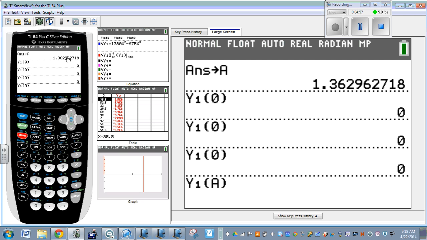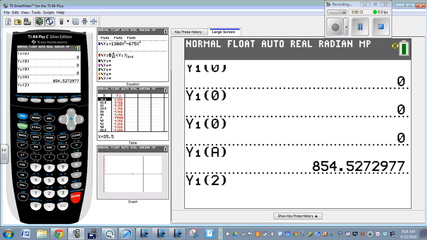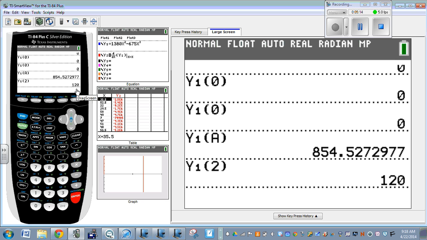I stored that whole number in there. I can put that in for A. We get 854.527. And then second enter, I gotta go back in and put 2 in. And we get 120. So we had 0, 854.527, and 120.